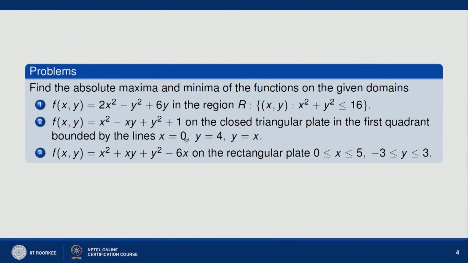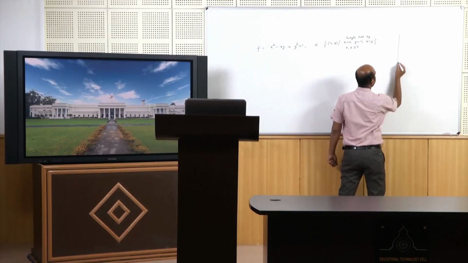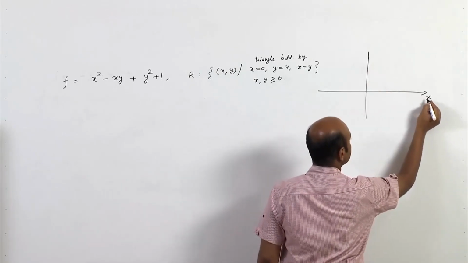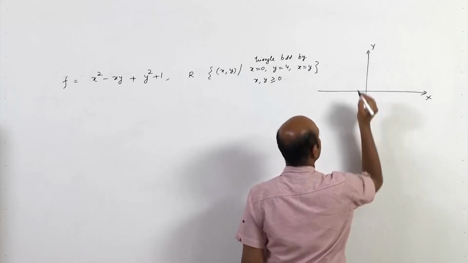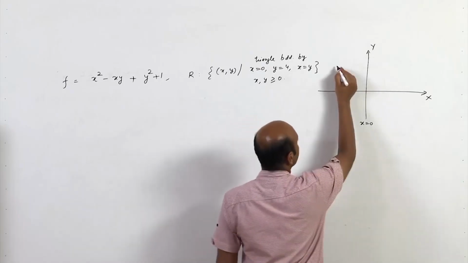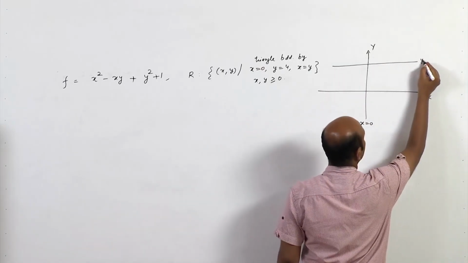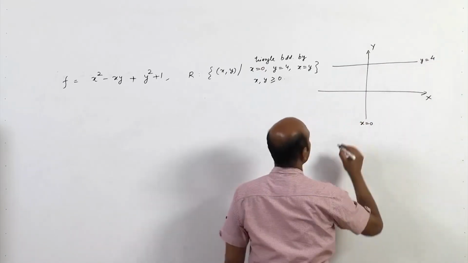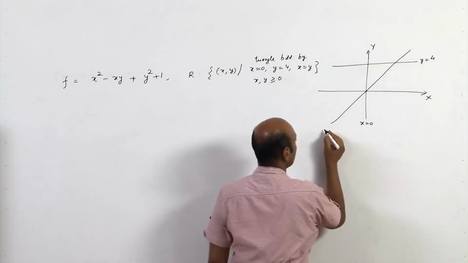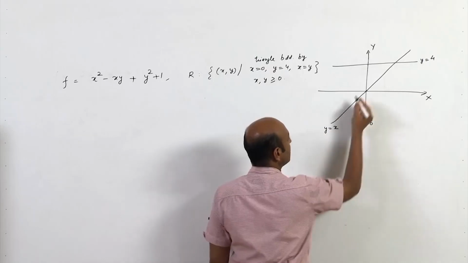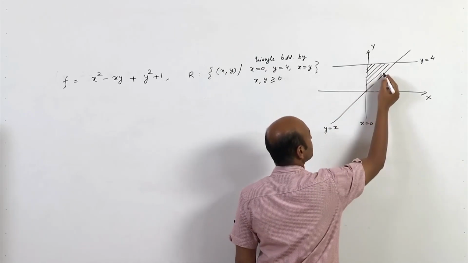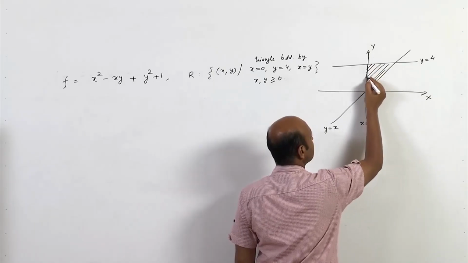So, what this triangle is basically, you see it is the x axis and it is the y axis. This is the x equal to 0 line, y equal to 4 is this line, y equal to x is this line. So, this is the region which is in the first quadrant and bounded by these 3 lines.